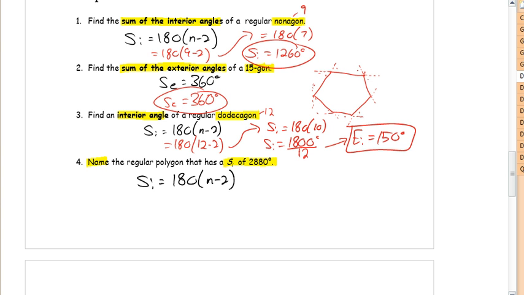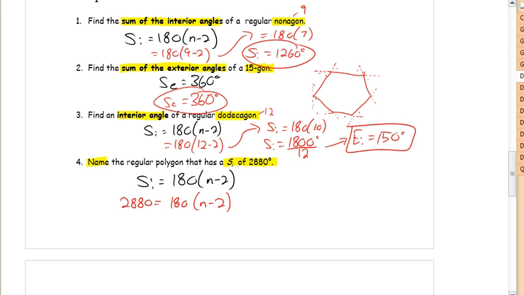So what we have is SI equals 180 times n minus 2, and we don't know the sides. We know SI, the sum of the interior, is 2,880, which equals 180 times the quantity of n minus 2.